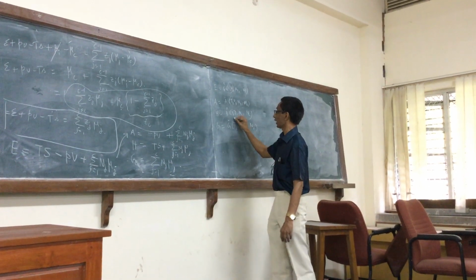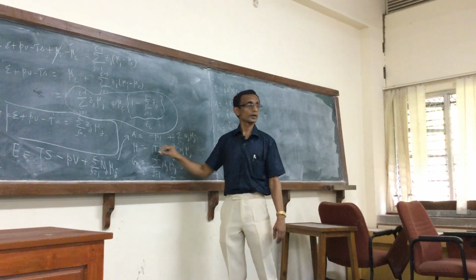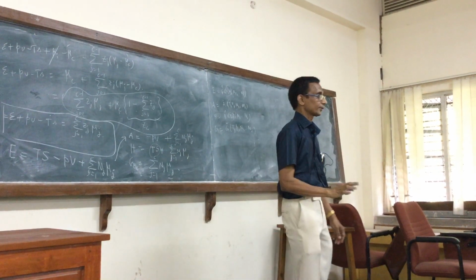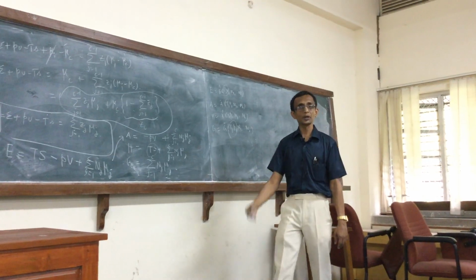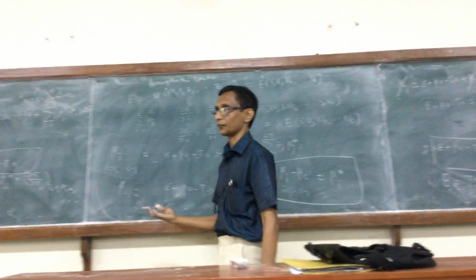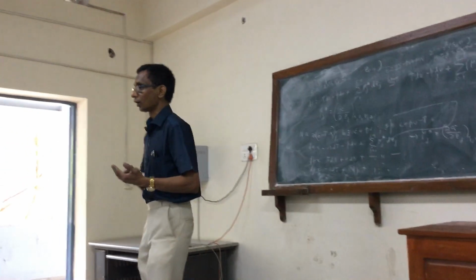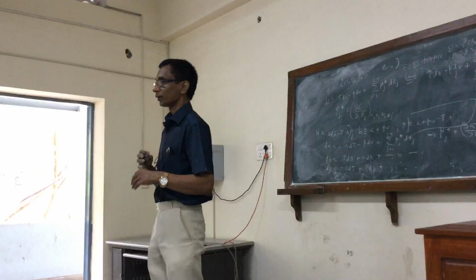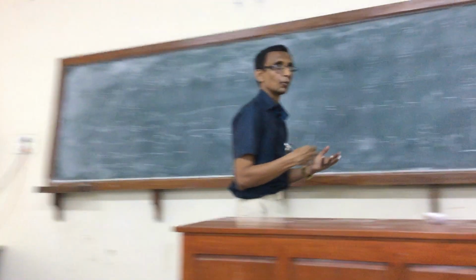The same way for H, P is not an extensive variable, so I get only the term corresponding to S. For G, both T and P are intensive variables. They don't have any extensive variable associated with them. By just scaling them by n, you don't get anything meaningful, right? So there's no additional term other than the term corresponding to the chemical potentials or the mole numbers, right?